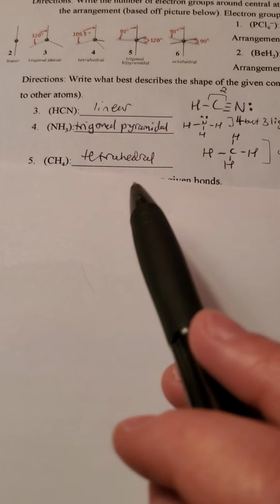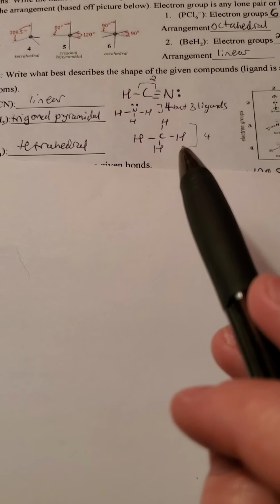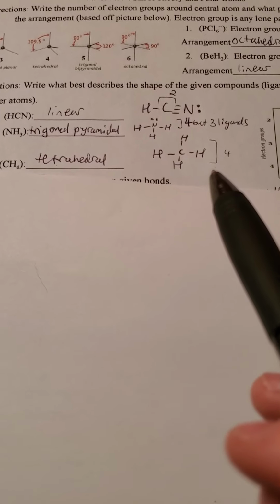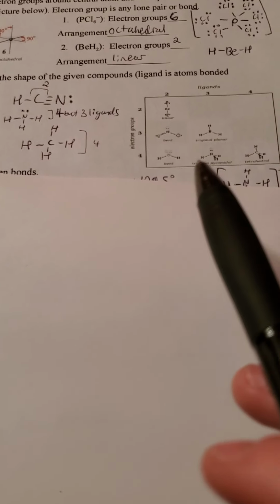Because yes, there's 4 electron groups, but there's only 3 ligands. So now we go on to methane, CH4. And we have 4 electron groups and 4 ligands. So that means we just get tetrahedral. There we go.